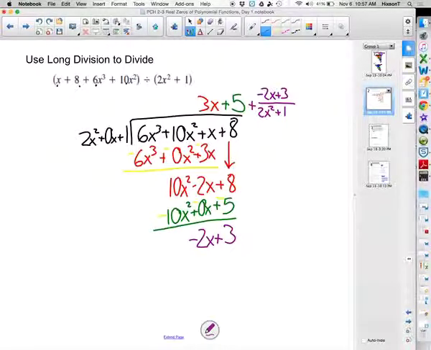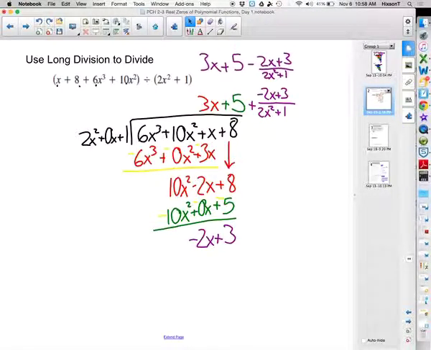Now, one thing to be very, very careful about is sometimes people will do everything perfectly. They get to the end and they do this. They say 3x plus 5 minus 2x plus 3 over 2x squared plus 1. And what would the problem with writing your answer that way be? It's missing the 2x squared plus 1 multiply.